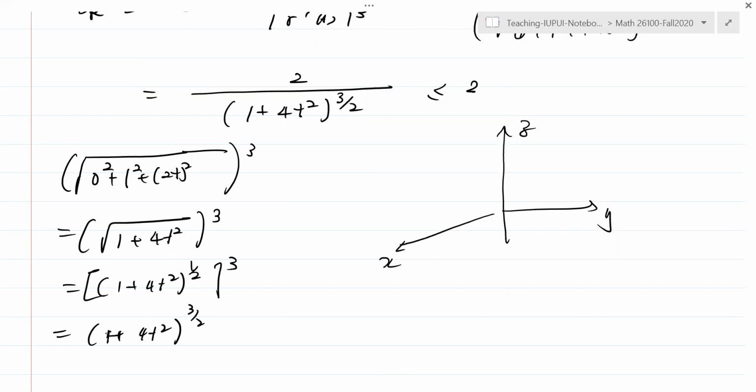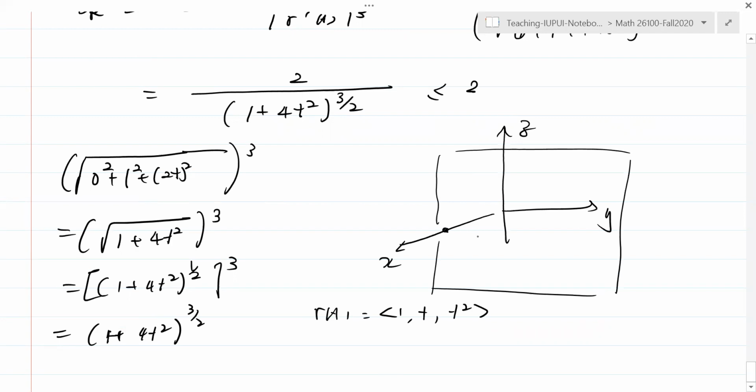Now let's go back to the equation, with 1, t, and t squared. How does it look? The first component is always equal to 1, so you can imagine a plane perpendicular to the x-axis, and the curve must be on this plane.